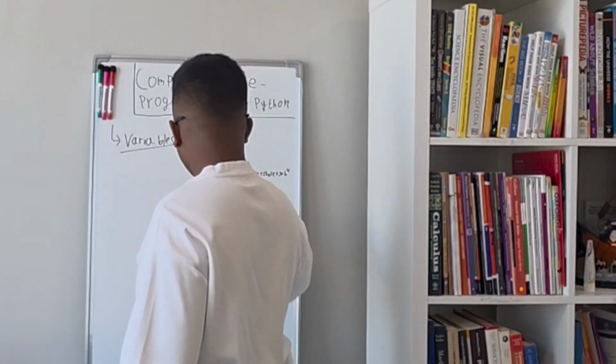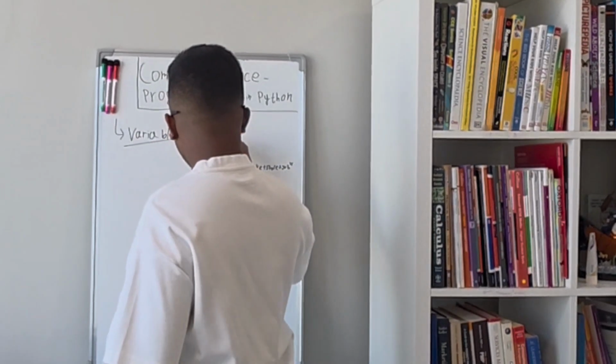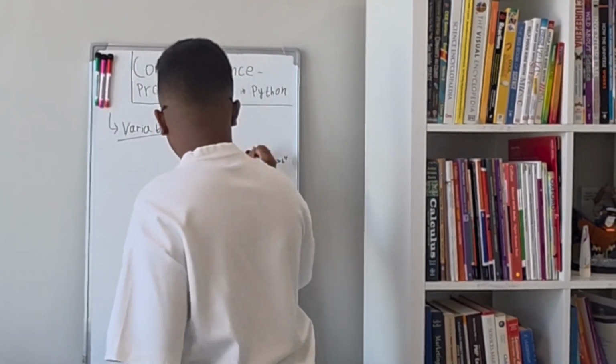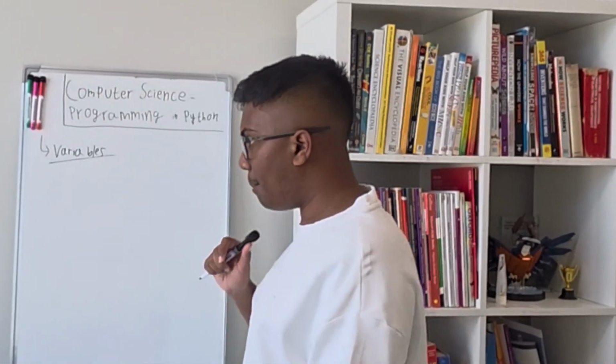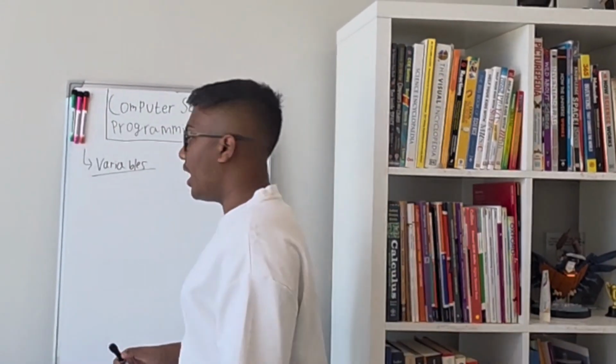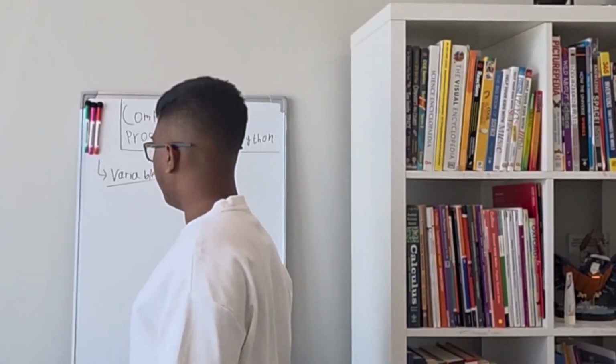Now then, let's learn how to set values for different things. For example, how can we set a value for something that the user has to enter? For example, let's say a number in a calculator. How do we do that? How does a calculator know what number the user has entered?